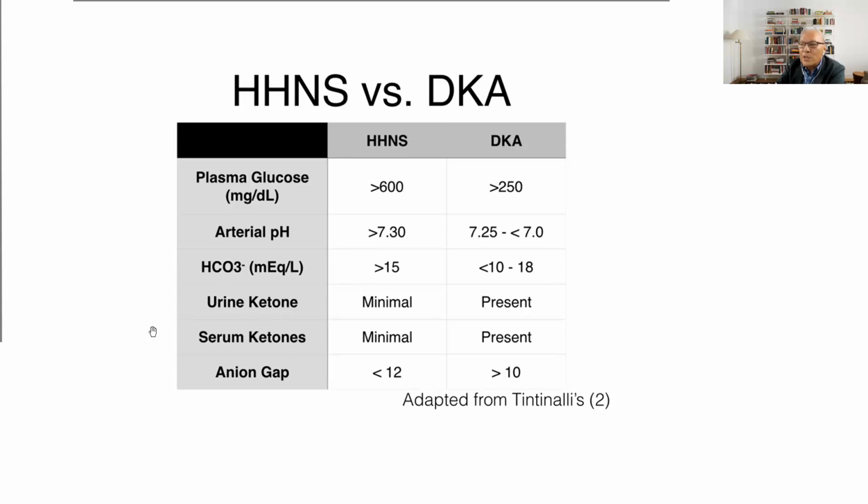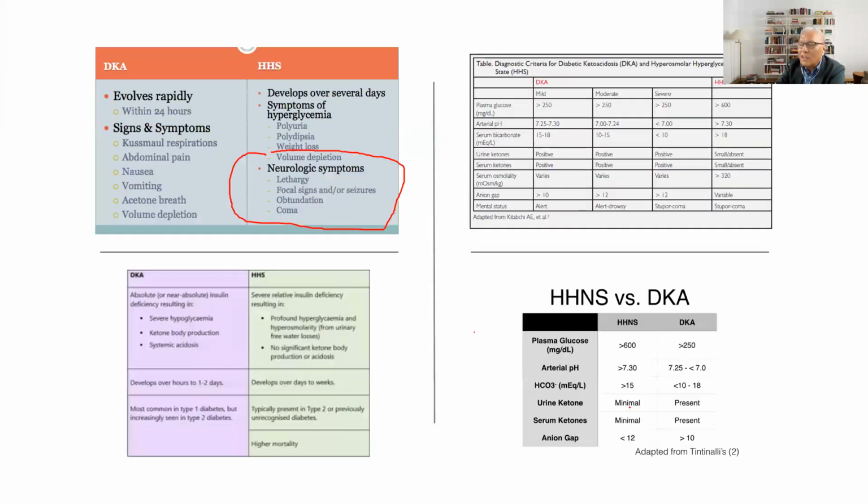And notice that the ketones are usually absent, or if they're present, they're usually minimal. But in diabetic ketoacidosis, there's going to be an increase of your ketones in both your urine as well as in the plasma. Okay, so those are the compelling differences between HHNS and DKA.